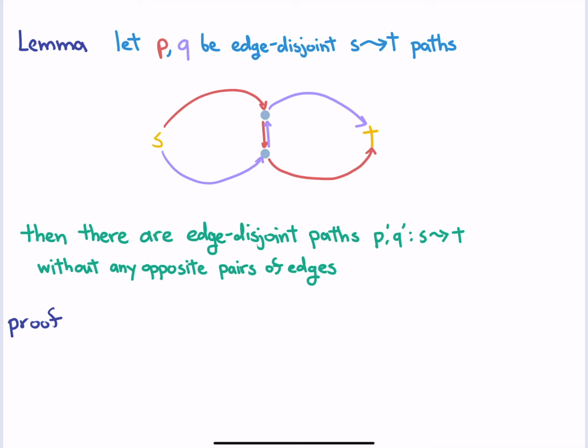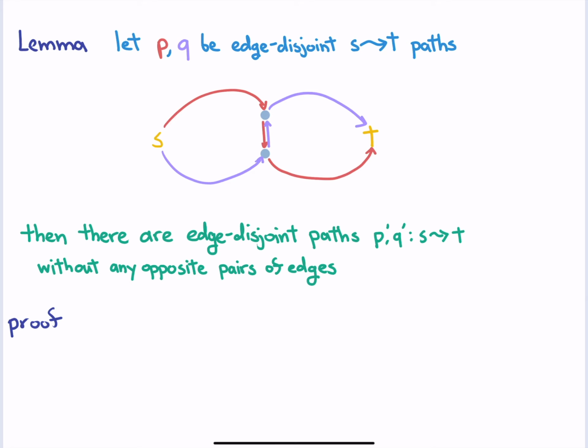That counts as edge disjoint, even though one is going down and one is going up in the middle. The claim is that if I have something like this, then it contains two edge disjoint paths, P prime and Q prime, that don't have any of these opposite pairs of edges.